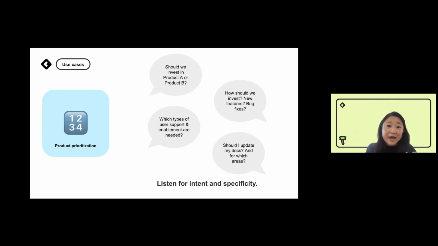We have an intent based category model, which detects a user's overall intent within a given community conversation. And then we also have a more specific topic model, which detects the more specific details of what your users are asking about. Using these two models together, you're able to listen for both your users' overall intent in terms of what they need, as well as the specifics of what your users care about.